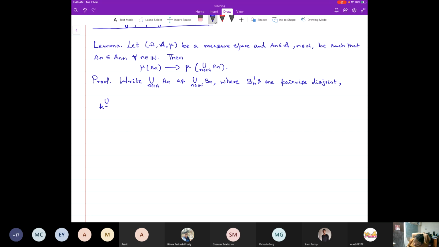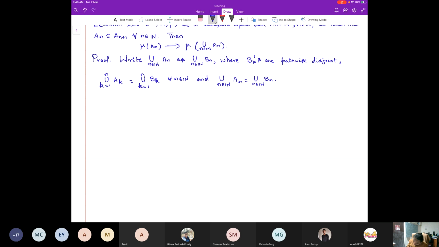Union k running from 1 to n, Ak, is the same as union k running from 1 to n, Bk for all n in N, and union over n in N, An is equal to union over n in N, Bn. This you know how to do, so I'm not going to do it.